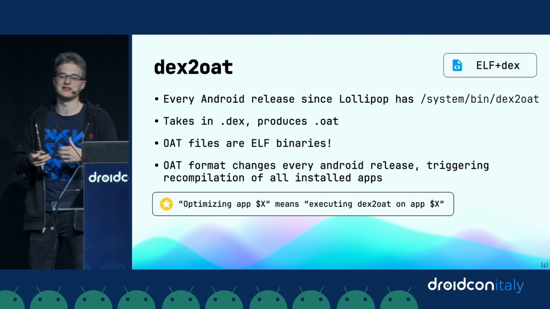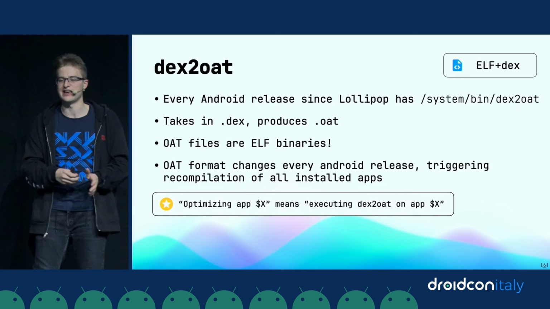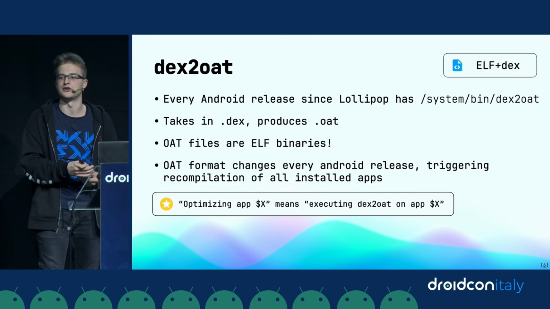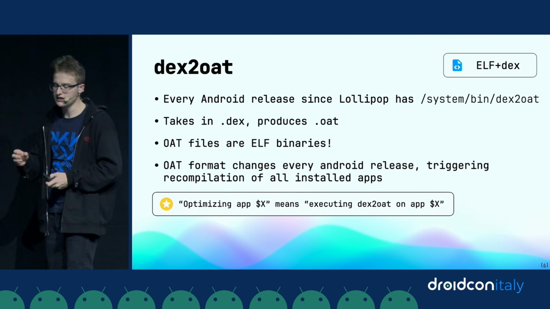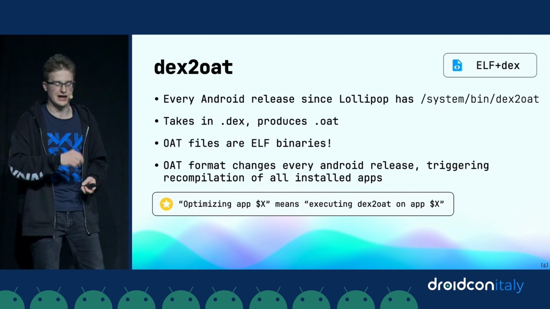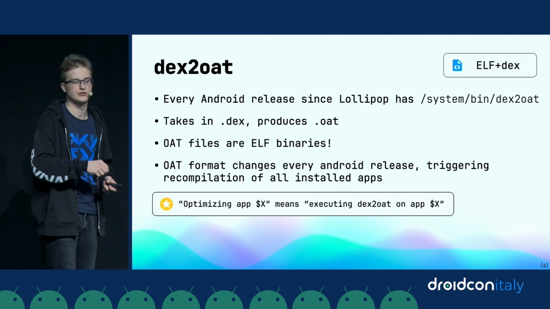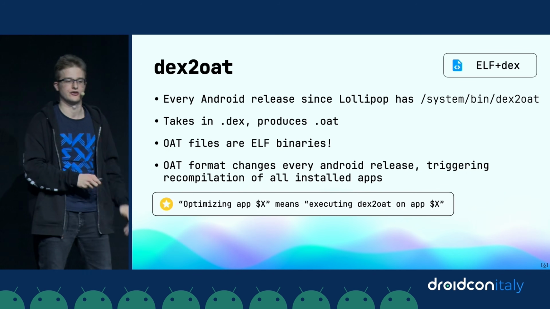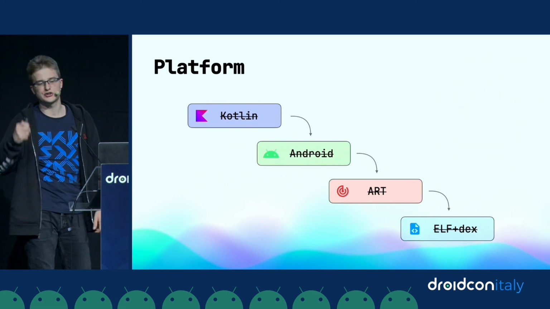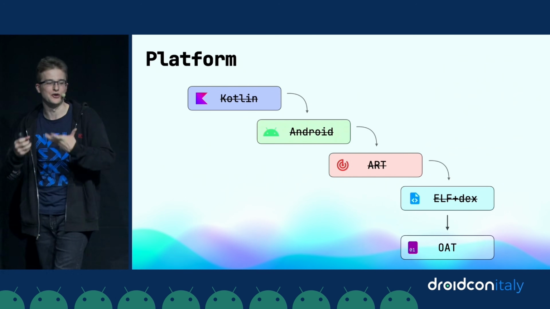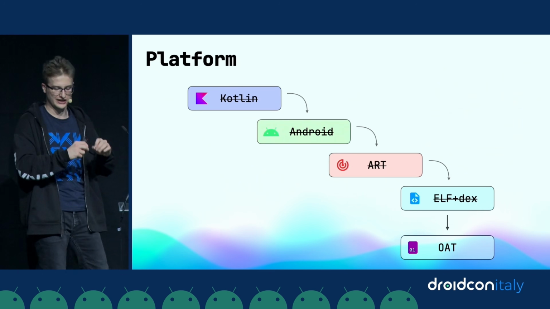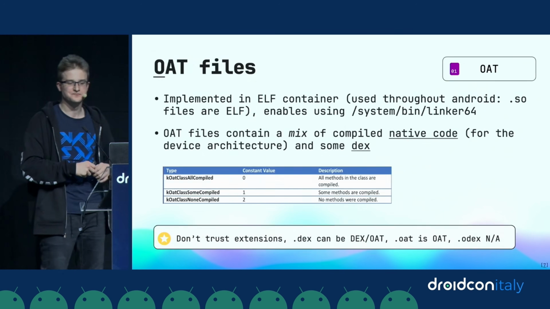And the reason I've been stressing C and ELF binaries is because ODE files are actually ELF binaries. They contain the optimized platform code that the Android operating system can use, as well as the non-optimized DEX classes. So there is actually a lower level, the ODE file format, which describes how applications on Android are implemented on the lower level.